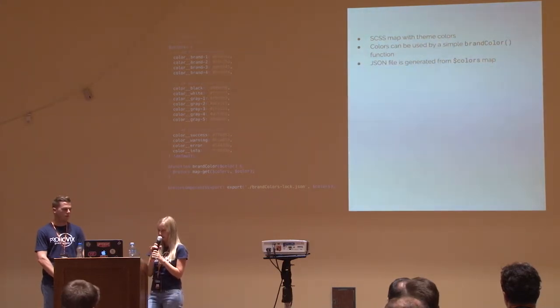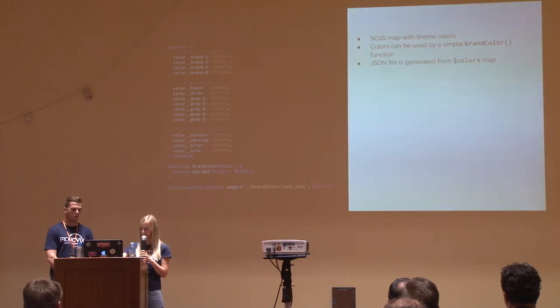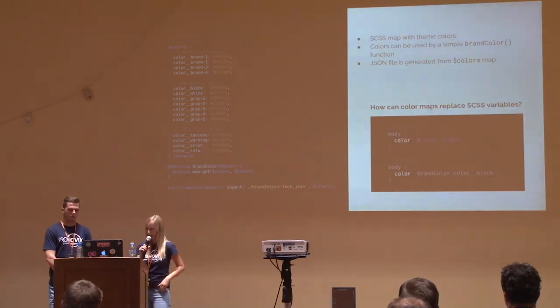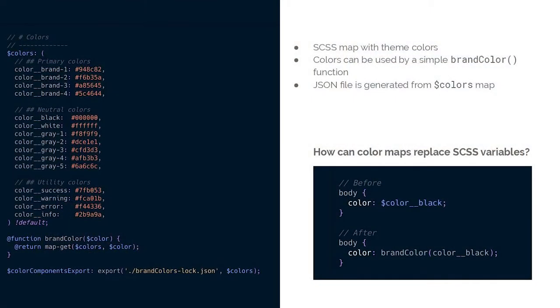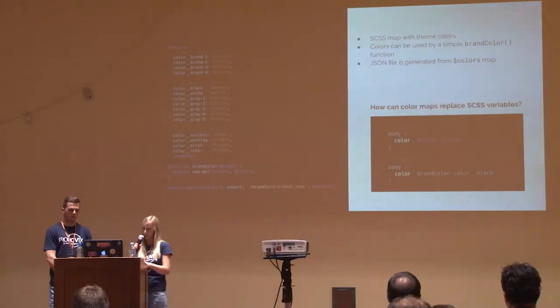And that way we can keep PHP and the theme in sync. And how to replace SCSS variables? It's very easy. You just need to change the variable to this brand color function.